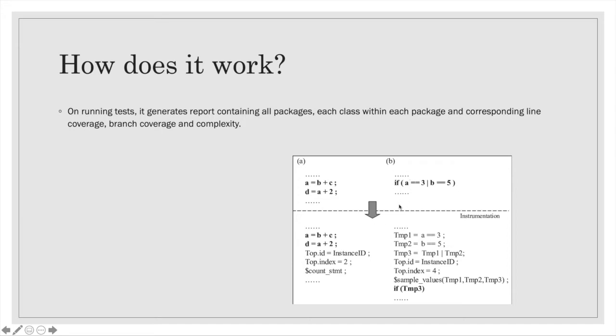Actually, it is more clear on the B example. If you look at this code as it executes, you see TPM1, TPM2. Those are the instrumentations that Clover adds to your code, and it is what it will use to determine the metrics for the code coverage.